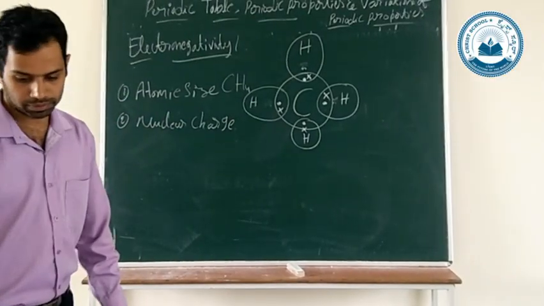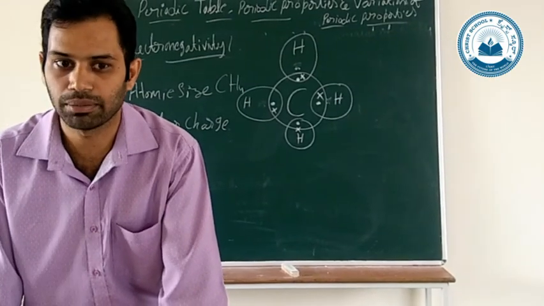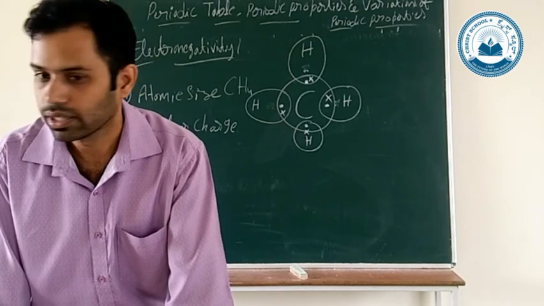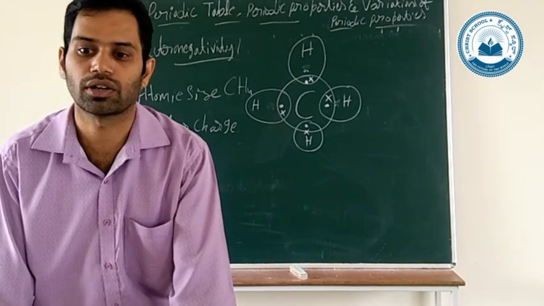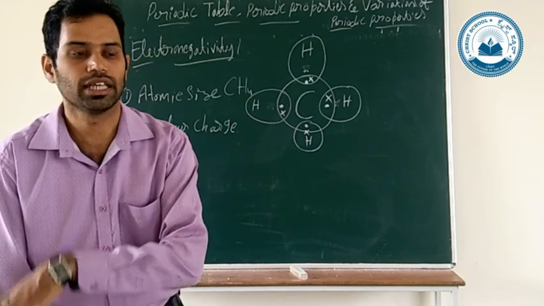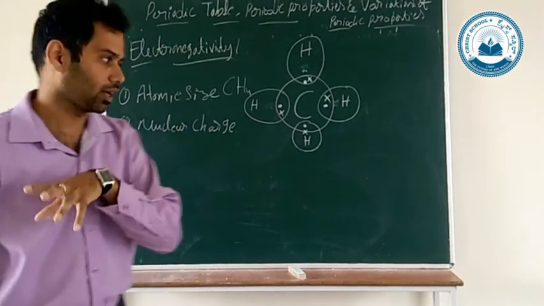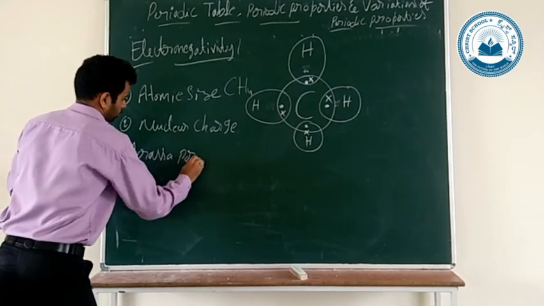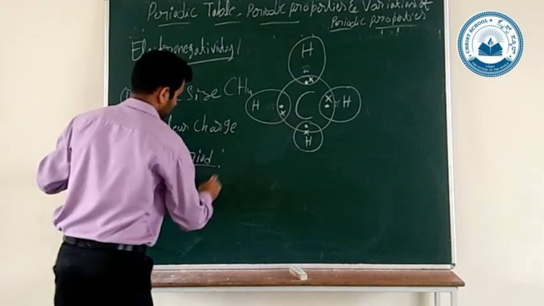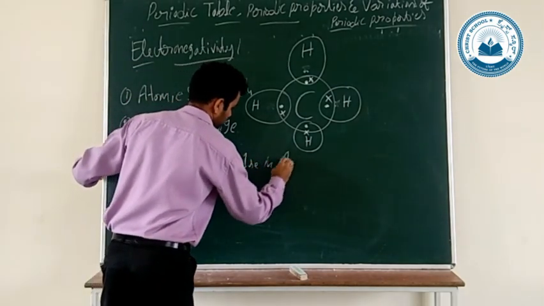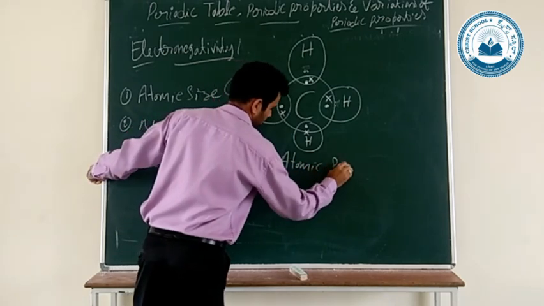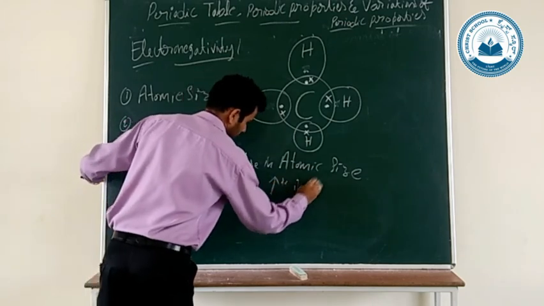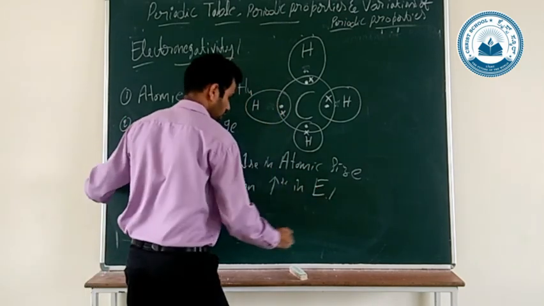Electronegativity across the period: atomic size decreases. Then what will happen to the electronegativity? It will be more. Across the period, a decrease in atomic size means an increase in electronegativity.